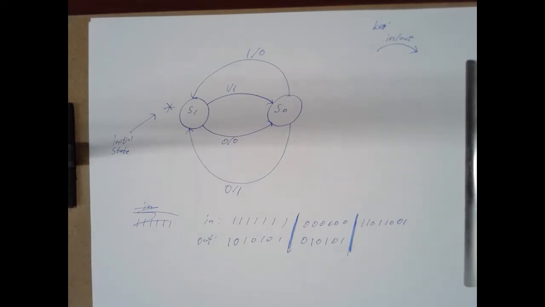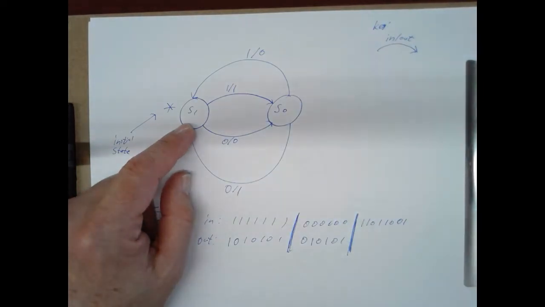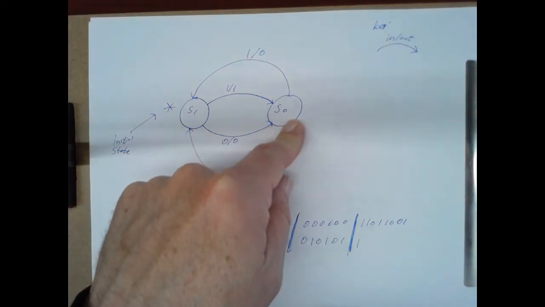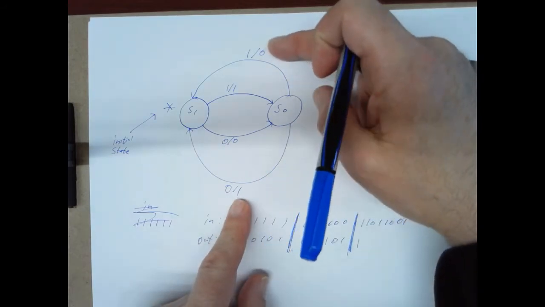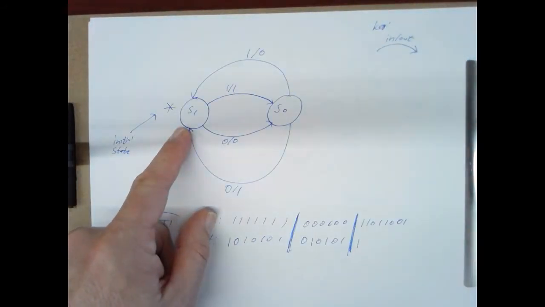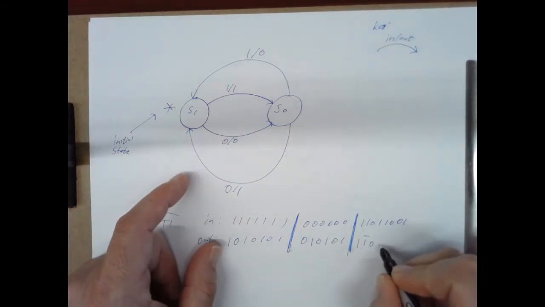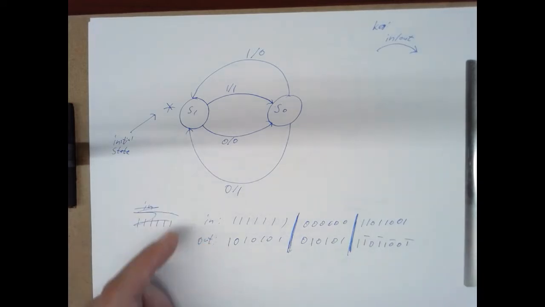So if you're in your initial state, it's going to output whatever you input. So this is just going to be whatever that bit is. And it's going to go to S0, regardless of what you input. And if you're in S0, it's going to output the opposite of what you input and go back to state 1. So this is the opposite of that bit. That's the same, that's the opposite, that's the same, that's the opposite.